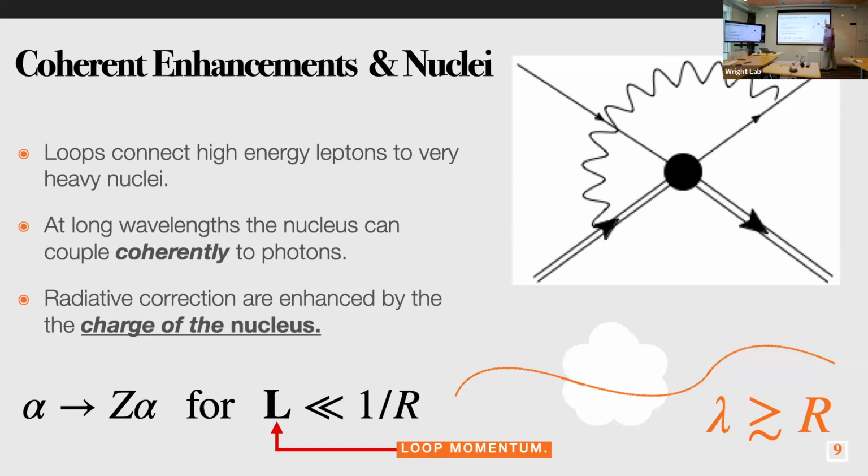And when the momentum flowing through this photon is long distance enough that the nucleus, oh, this doesn't show up on the screen, there's supposed to be a nucleus here that's very tiny, then you're in the limit where the wavelength is large compared to the radius, and you couple to the whole charge of the nucleus. So basically for long distance regions, alpha can become Z alpha when photons talk to the nucleus.